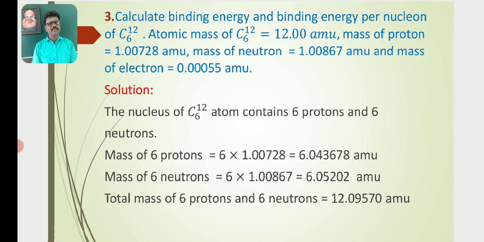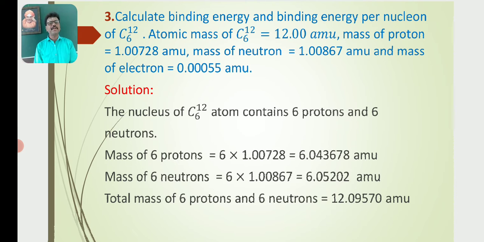Then similarly the mass of 6 neutrons is equal to 6 into 1.00867, where 1.00867 AMU is the mass of each neutron. For 6 neutrons, it is 6.05202 AMU.